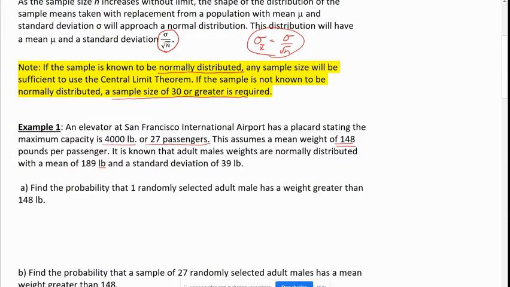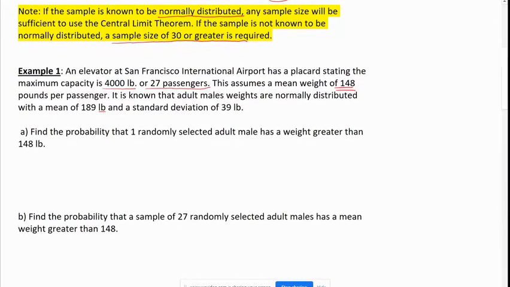So we're saying, is it reasonable? Is it even possible that we could have 27 men on this elevator and the average weight is 148 or lower? The way the question is actually worded is, what is the probability that one randomly selected male has a weight greater than 148 pounds?